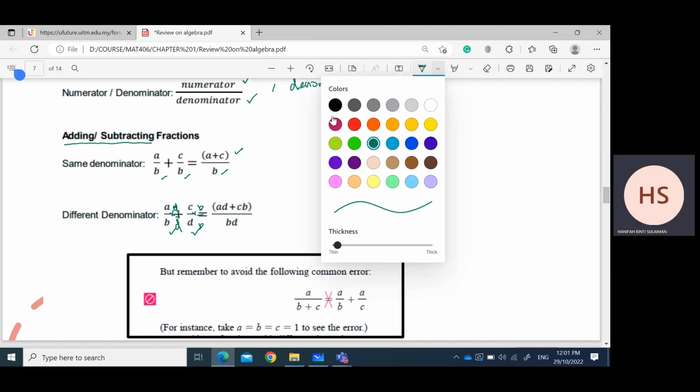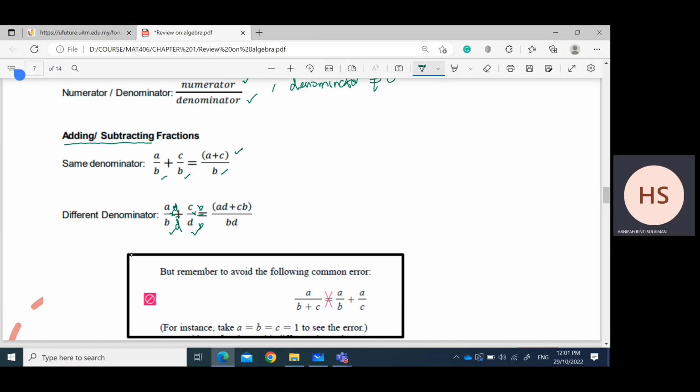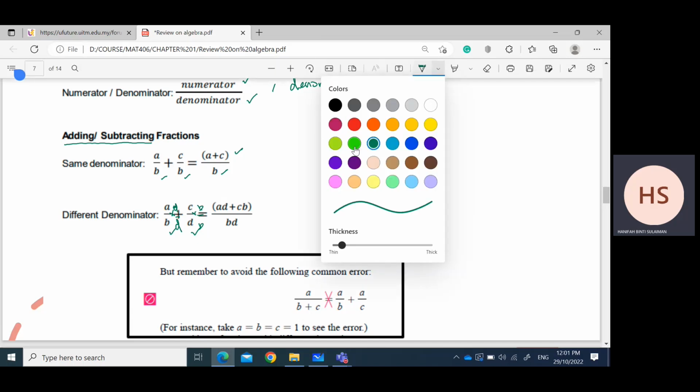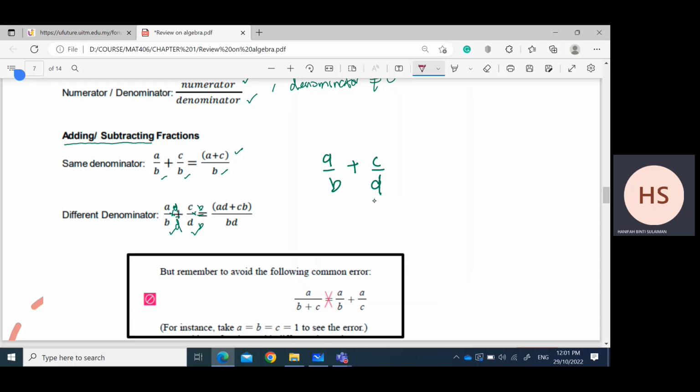Right, so look at this one. Untuk yang melibatkan denominator yang berbeza, kita perlu jadikan denominator adalah nilai yang sama. So macam mana nak buat dia, so kita kata A over B plus C over D. So untuk kedua-dua nombor tersebut, kita perlu darabkan dengan pembawah yang ini.